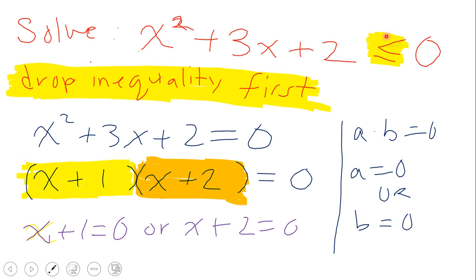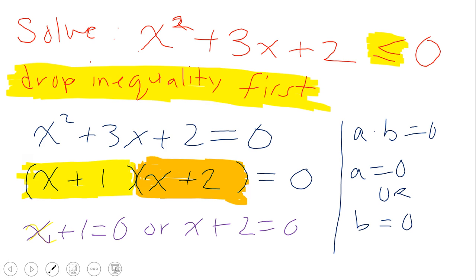This top part we got rid of, so basically we're just figuring out when it's equal to 0. So now what we're solving for is what actually makes this thing 0. Then when we get that solution, we'll figure out what happens when it's not 0 by using test points. So now let's just solve these two things: x plus 1 equals 0 and x plus 2 equals 0.